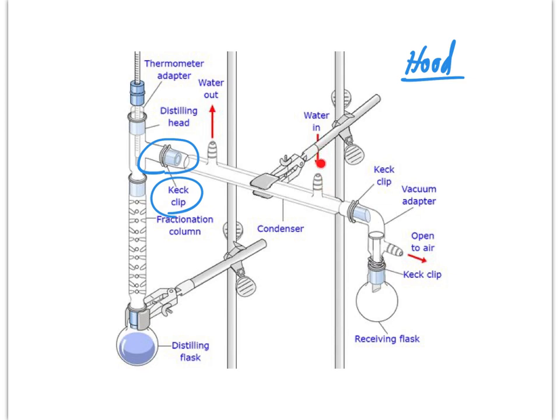You need some rubber tubing to hook to the sink, and so water goes in, up through the outside and out, cooling the tube so that the inside of this is cooled. You put on your adapter again, just a teeny bit of grease. Clip the adapter on, and then again we will position this over a graduated cylinder so that we can monitor the volume of our distillate. So what comes out is called the distillate.